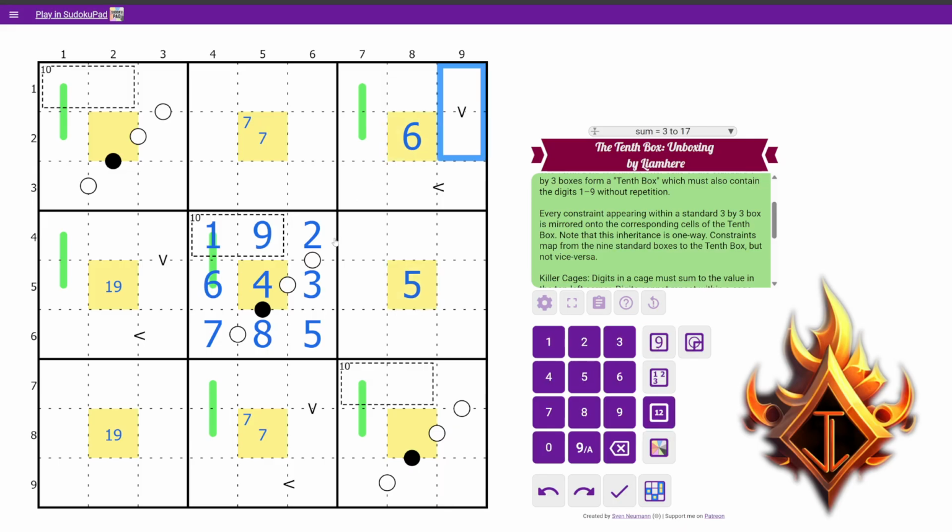And it's greater than, and consecutive. Transfer to those boxes in the secret 10 by 10, or 10th box. So we have 4, 5, 6. We need 2, 3, 7, 8. We'll just plop them in and then work from there.